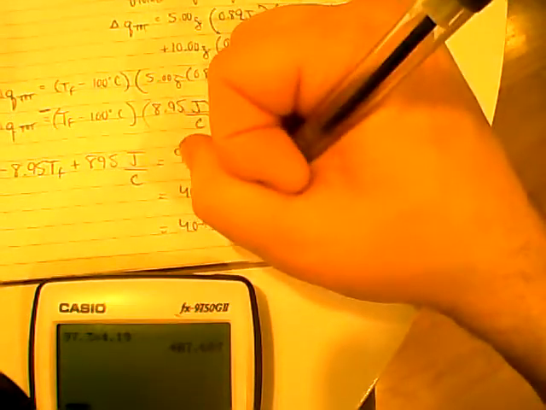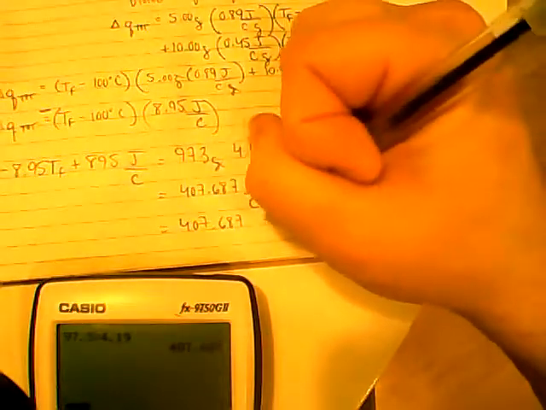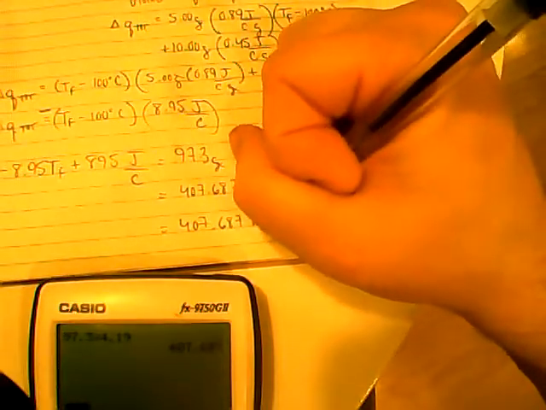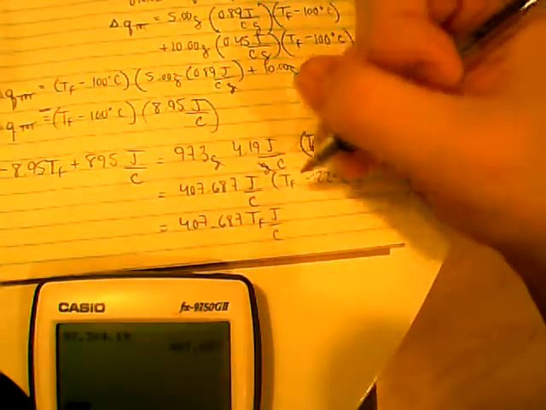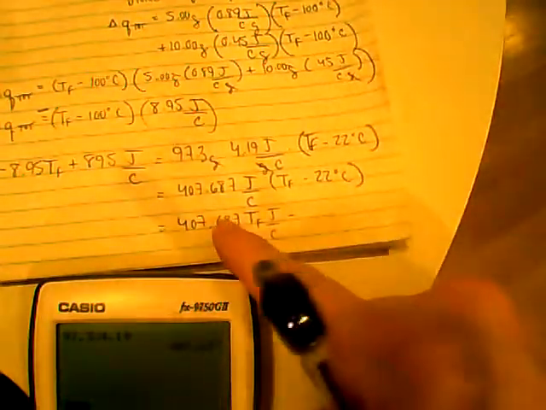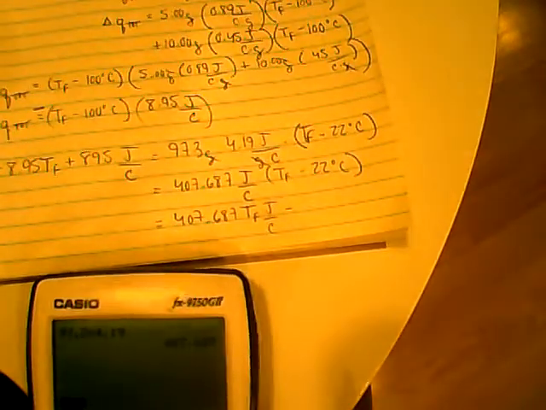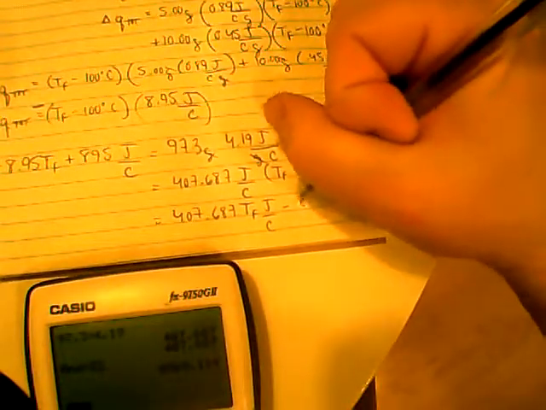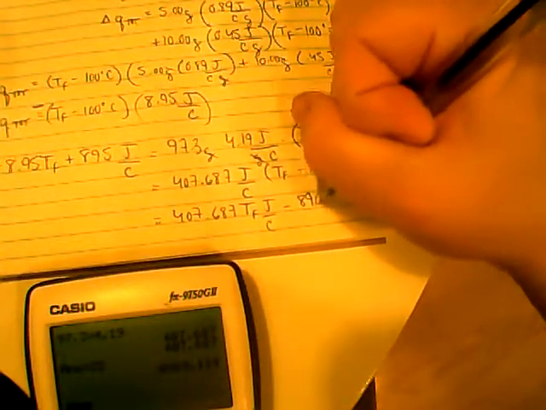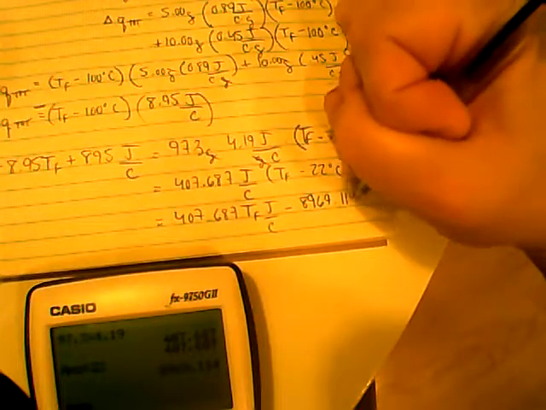We'll distribute that across. We get 407.687 is our temperature final in joules and degrees, minus 22 times 407.687, which gives us 8,969.114.